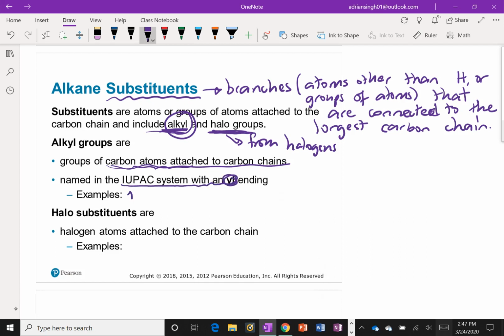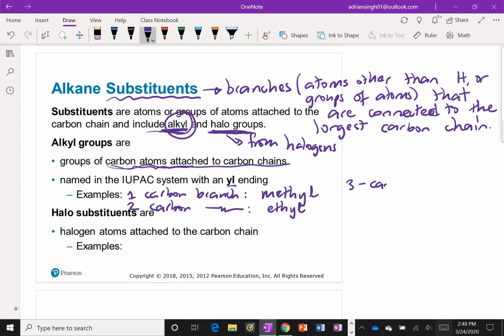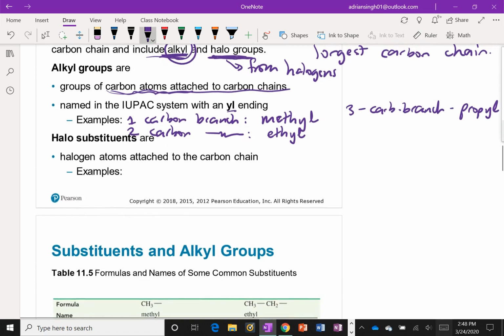So for example, a 1-carbon branch is called meth, since meth is for one, and now it's going to have that YL ending, so methyl. A 2-carbon branch, the prefix for 2 is eth, would be ethyl. A 3-carbon branch would be propyl, etc.